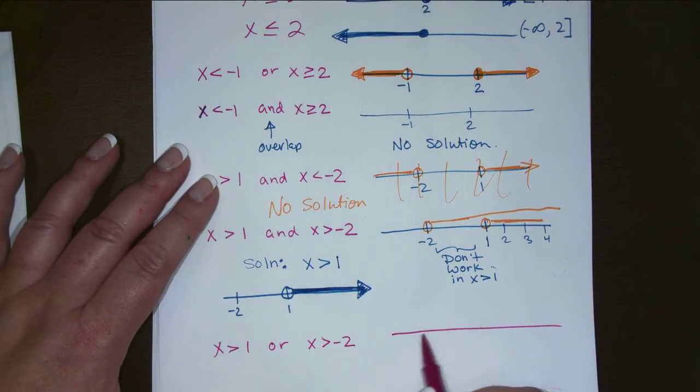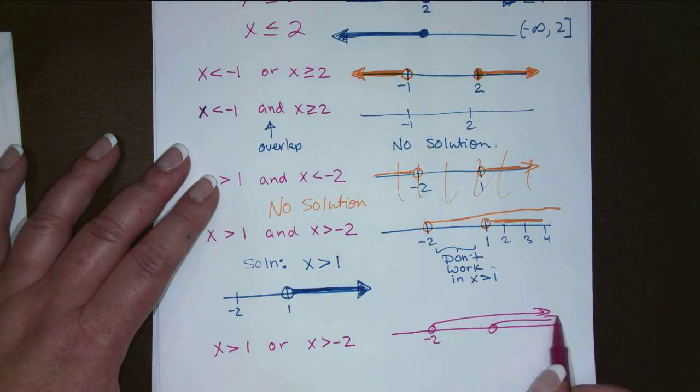Same number line. This is greater than negative 2 or greater than 1. Or means these work because they work in this one. These work. Does it work in that one? What about the number 1 itself? Does that work in this or this? Yes, it works in this one. It's greater than negative 2. So you only have to be in one or the other, and all of these numbers work in either one or the other.